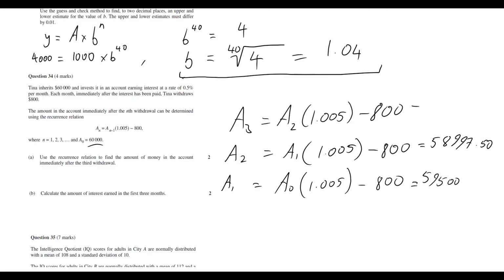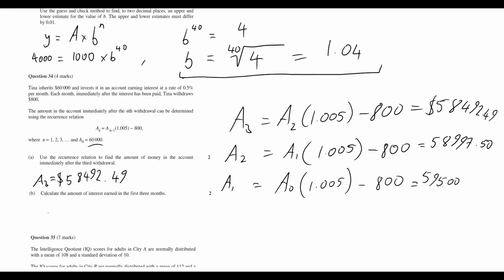And then we get that a sub 3 is equal to, sorry, my mistake, $58,492.49. And that's your answer there. We'll write that out a little bit neater. So a sub 3 equals $58,492.49. And that's our answer for part A.